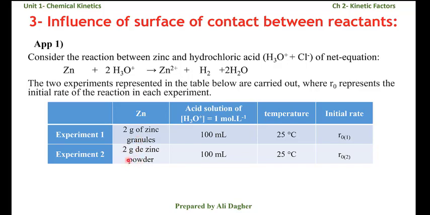Then the surface of contact in experiment 2 is bigger than that in experiment 1. Therefore, R02 should be bigger than R01 because when the surface of contact between reactants increases, the rate of the reaction increases, since we have the same initial concentration of H3O+ and the same temperature. Compare R01 to R02.